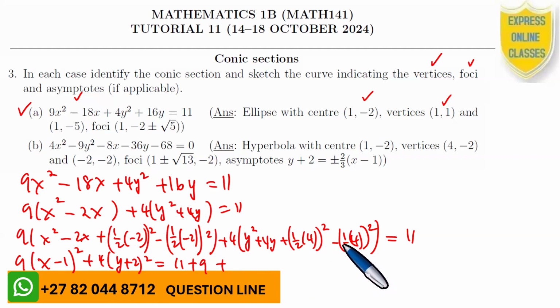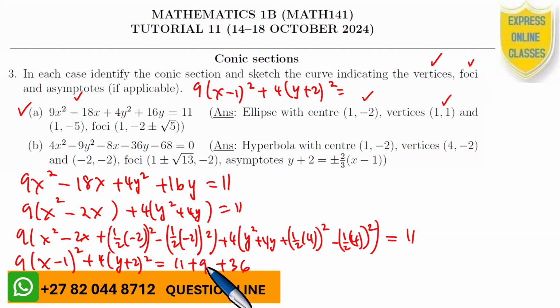Then for the y part, if you divide 4 by 2, it becomes a 2, which squared becomes a 4, and you multiply by 9, it becomes 36. So we have 9(x minus 1) squared plus 4(y plus 2) squared equals 11 plus 9 becomes 20, plus 36 becomes 56. So you have 56 there.